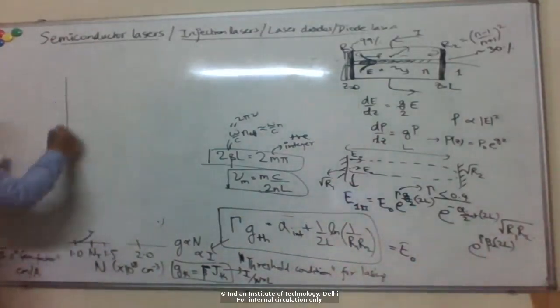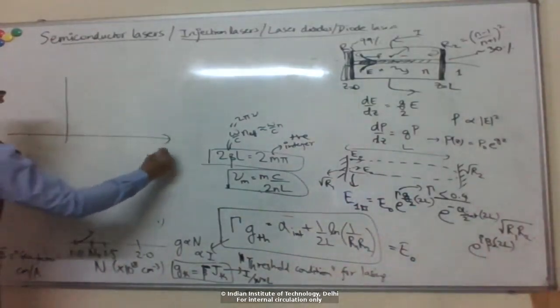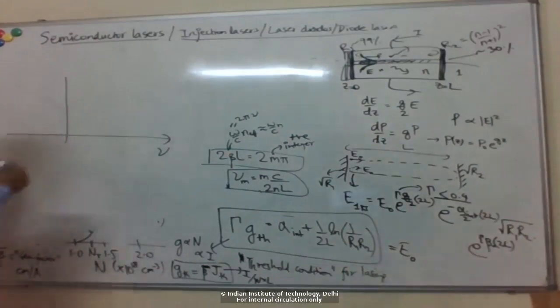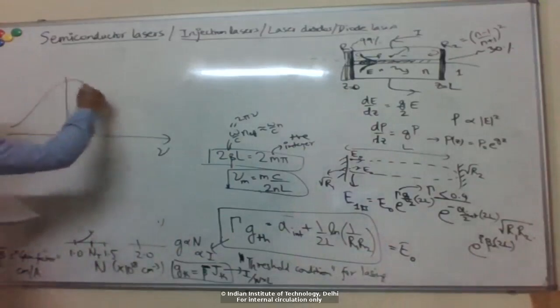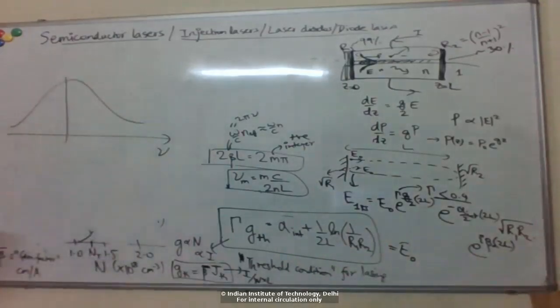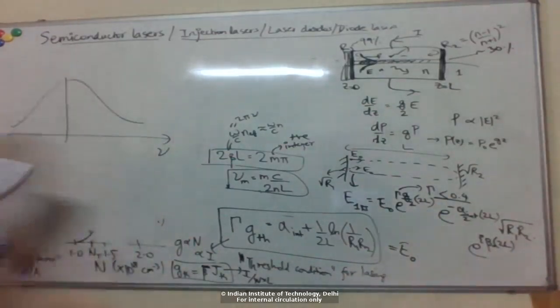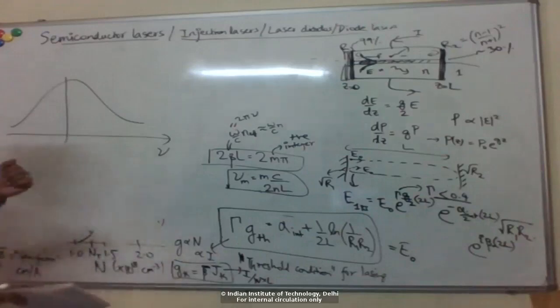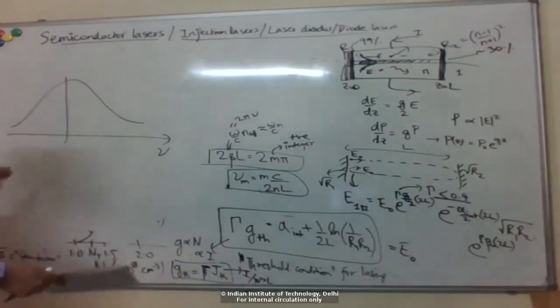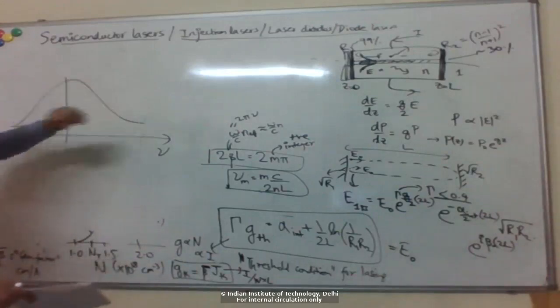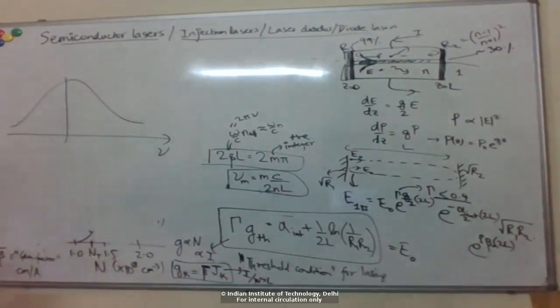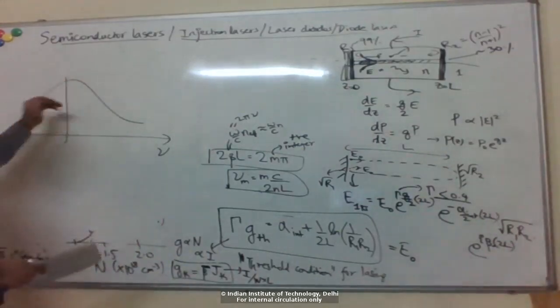So, for example, if I look versus frequency nu, at some particular current I'll have some gain profile. Basically, we draw different sets of G for different n values, which are basically different currents. So let's say at some particular operating current, this is the shape of the gain with frequency. I have peak gain at some particular frequency.